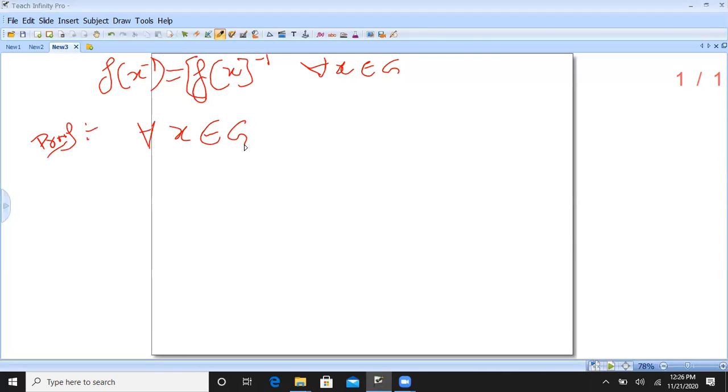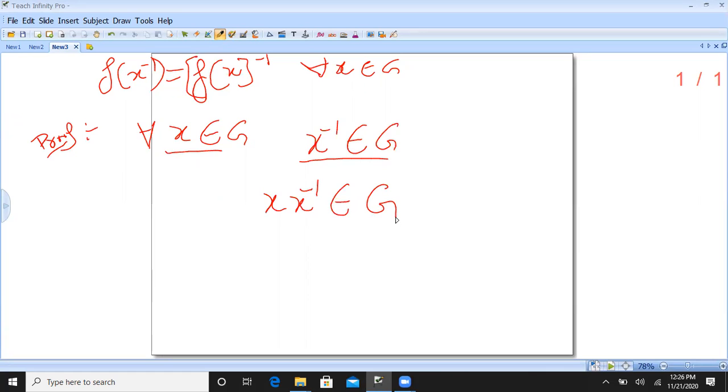When x is in a group, every element has an inverse. So you can write x inverse also belongs to G. If x belongs to G, then obviously x inverse also belongs to G. Okay, so we can write that x into x bar belongs to G, by the closure axioms.